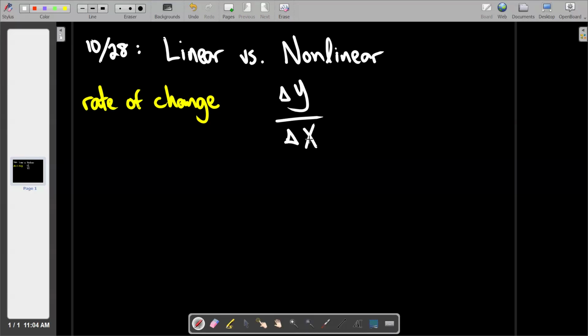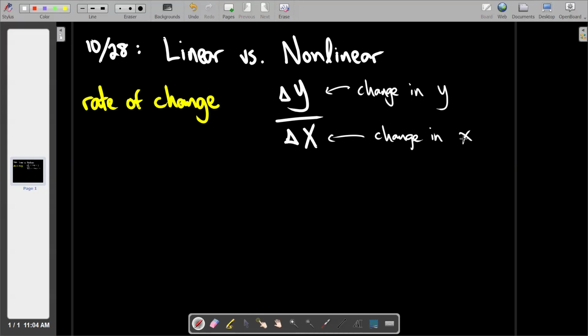It's how much is y changing divided by how much is x changing, right? Delta y is change in y. I'll write that down here off to the side for you so that when you look back at this Sunday, you'll be like, oh, that's what that means. I forgot. Remember, delta y means change in y. And then delta x, of course, means change in x.